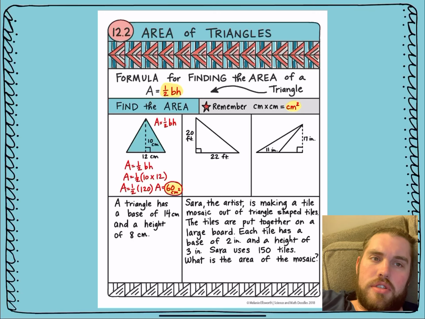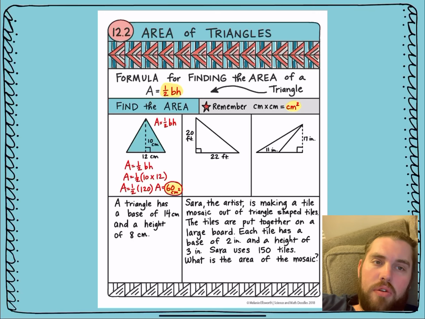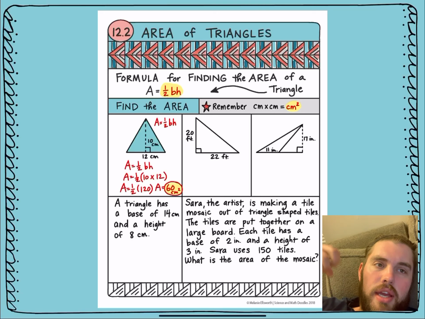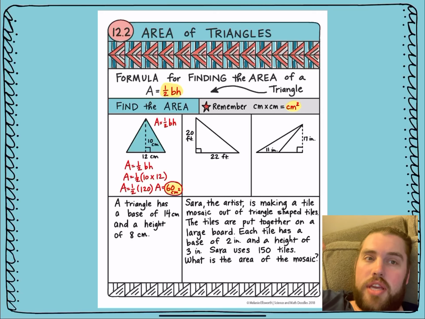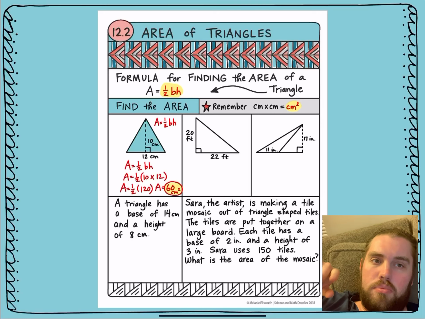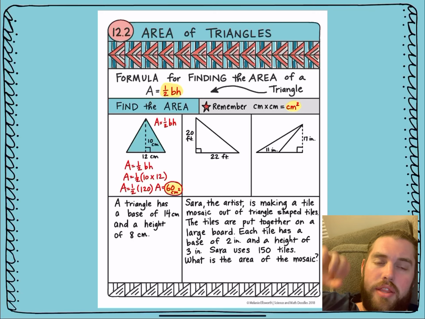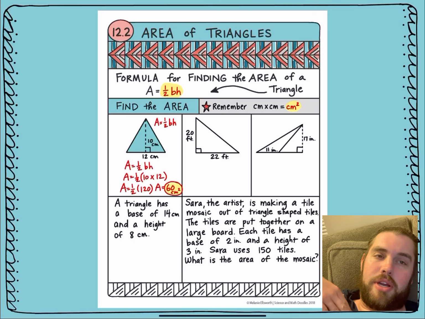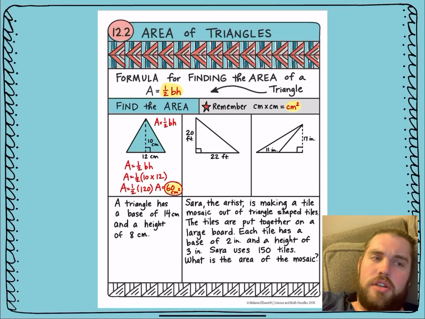Okay. So if I look at this one, the base is 12, the height is 10. What I do first is plug in the numbers. I do all of the steps the same every single time, except the numbers change. So in this case, I take 10 times 12, and I get 120 because the base is 12, the height is 10. And then I multiply by 1/2, or what I like to say is I like to divide by 2, using my calculator because it's way easier to type in.